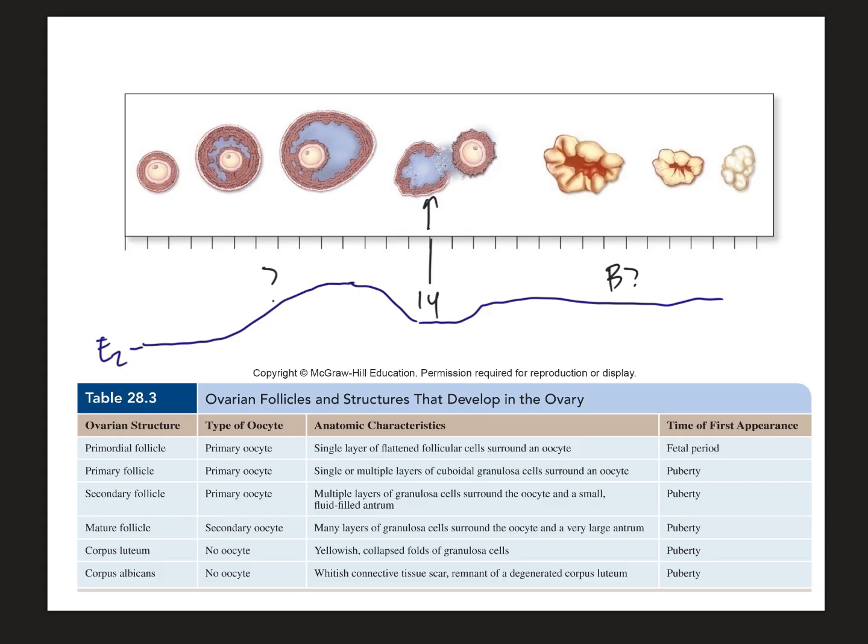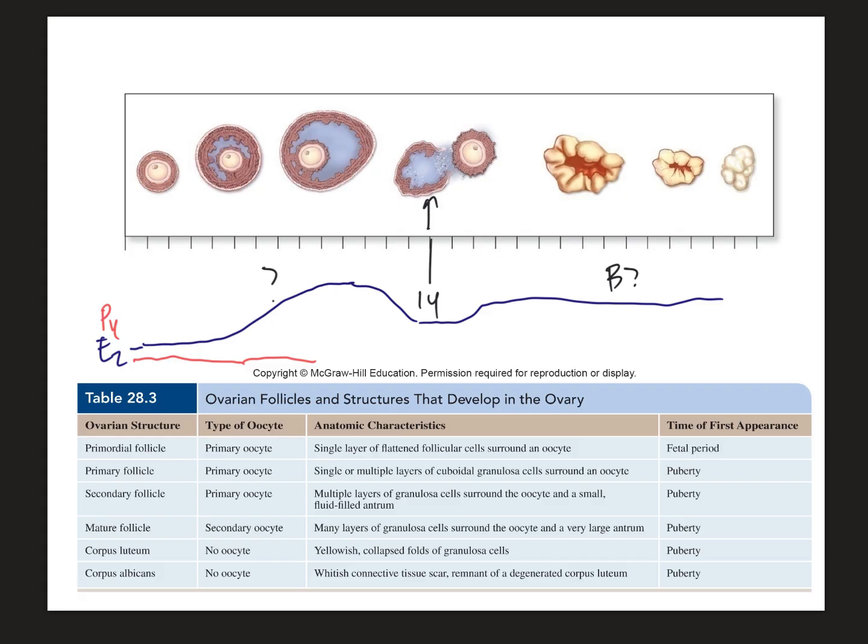Okay, in red, let's do progesterone. Progesterone is going to be really low during the follicular phase, right? Why is progesterone low during the follicular phase? Is it produced by the follicle, or is it not produced by the follicle?